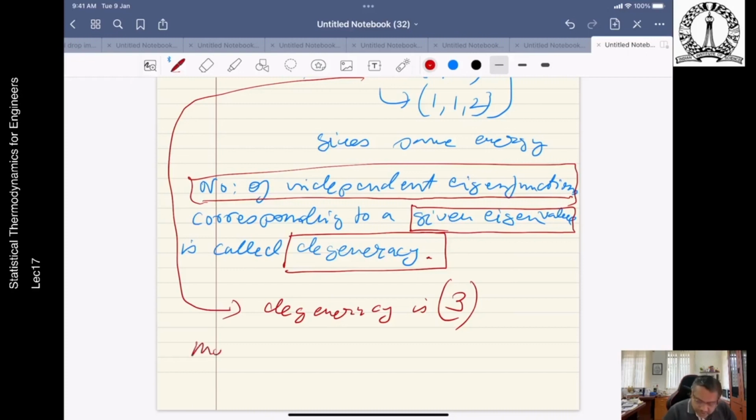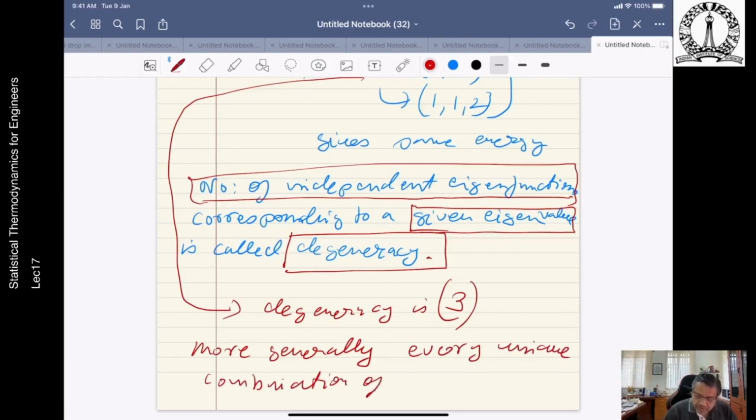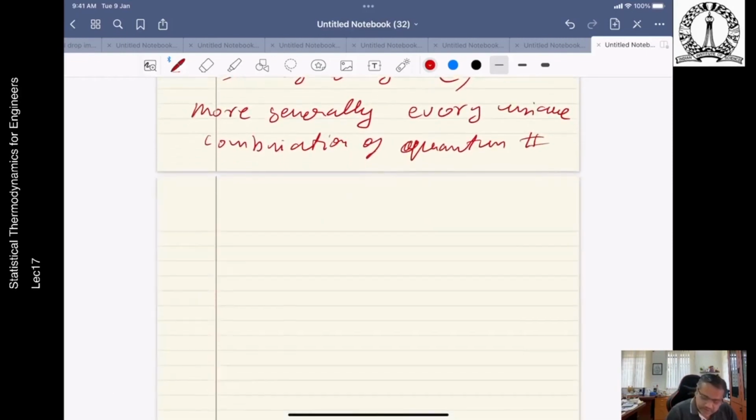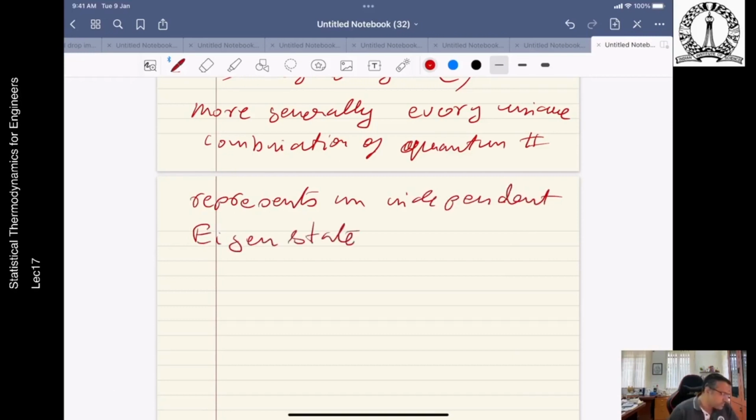More generally, every unique combination of quantum numbers represents an independent eigenstate of the system.